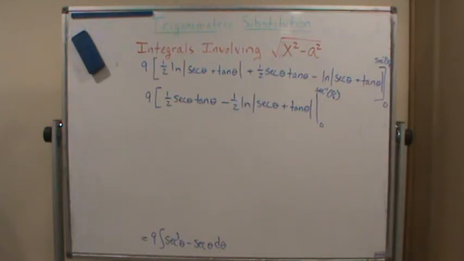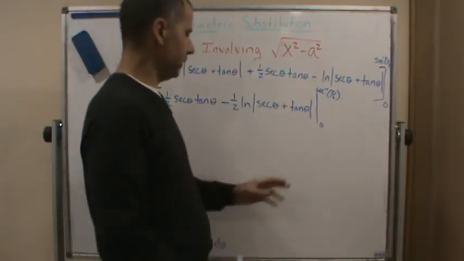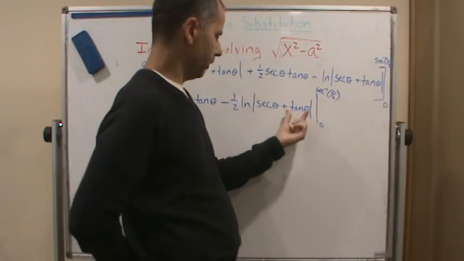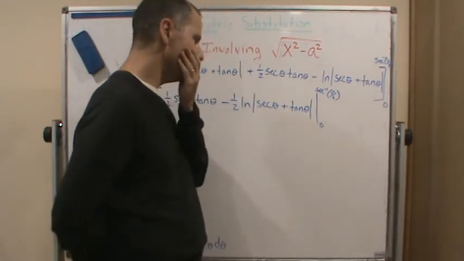Now we're going to evaluate this thing. Let's start with 0, see how things simplify. So again, this is going to be 0. Tangent of 0 is 0.